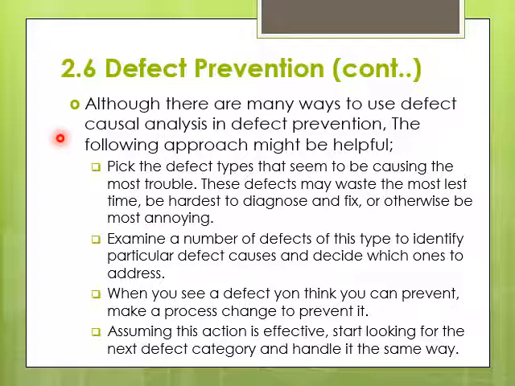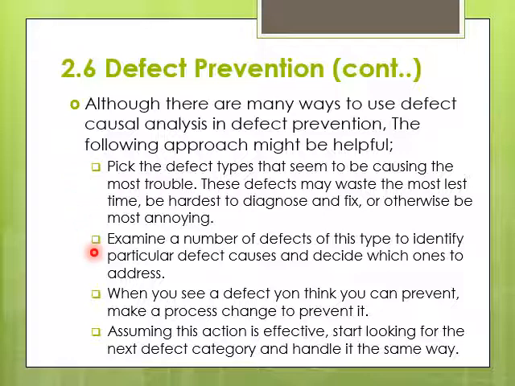Although there are many ways to use defect causal analysis in defect prevention, the following approach has been found very helpful. Number one, pick the defect type that seems to be causing the most trouble, where you prioritize the most troublesome defects. These defects may be numerous, waste the most test time, be hardest to diagnose and fix, or otherwise be most annoying.